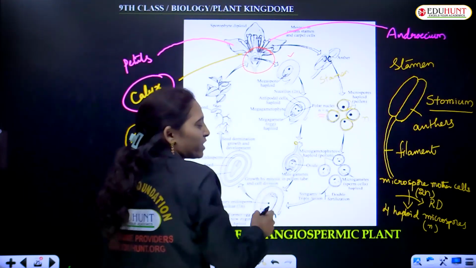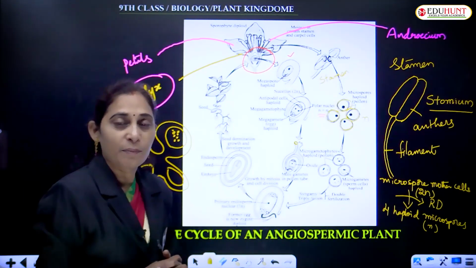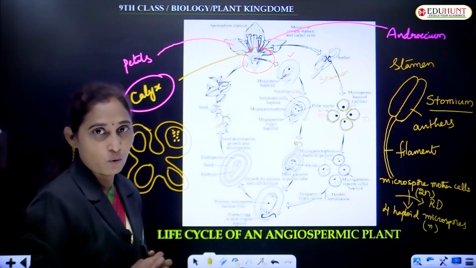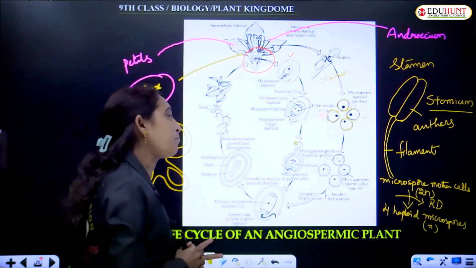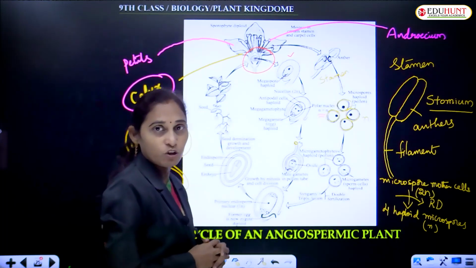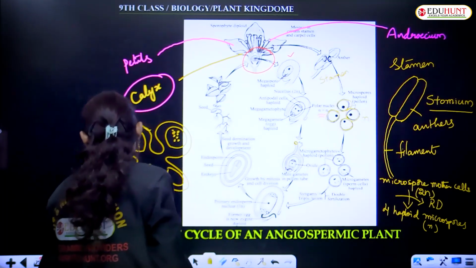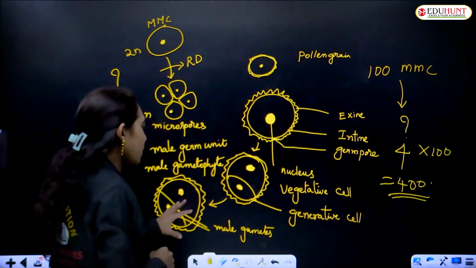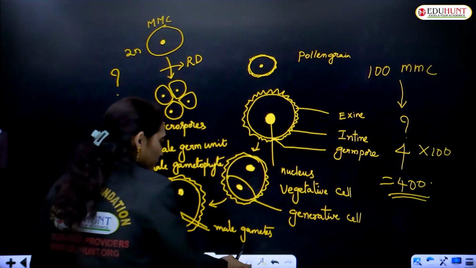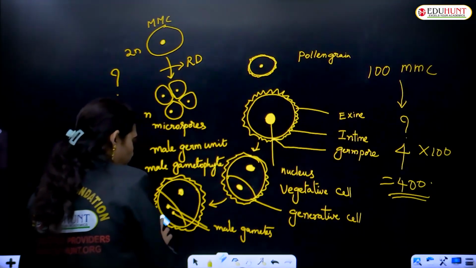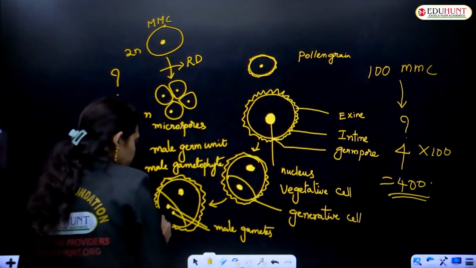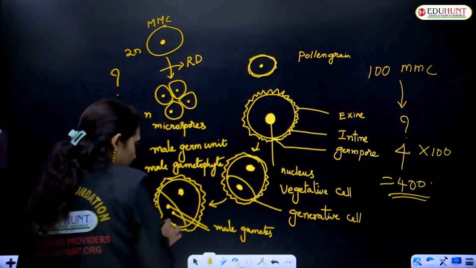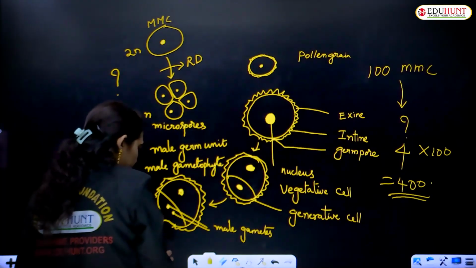After germination, what is meant by germination? Germination of pollen grain is nothing but formation of a germ tube, the germ tube or the pollen tube. From here, the pollen grain will germinate like this.